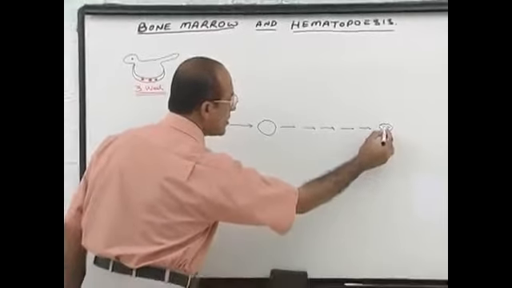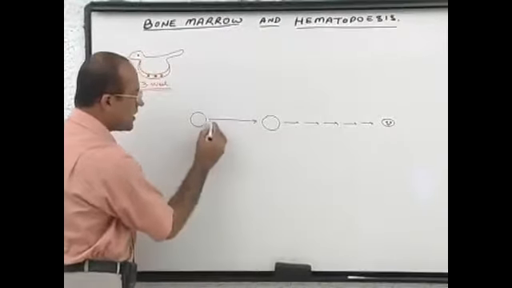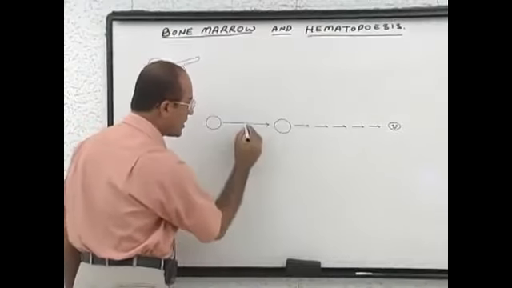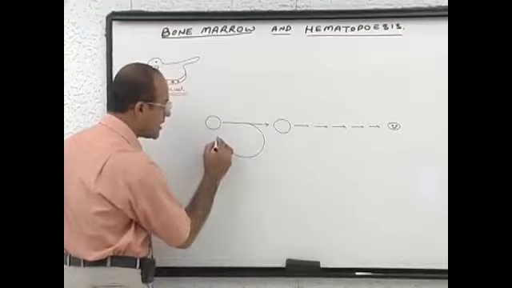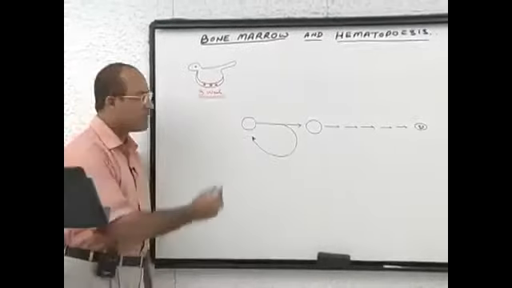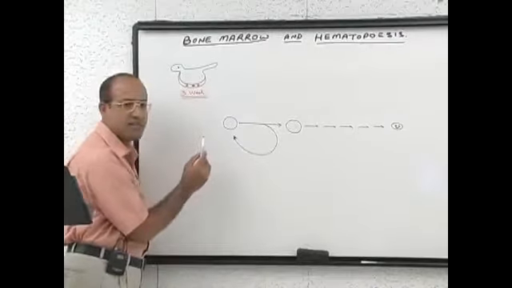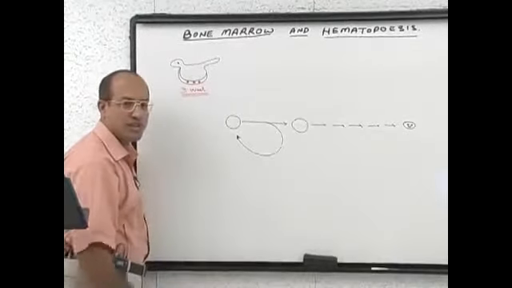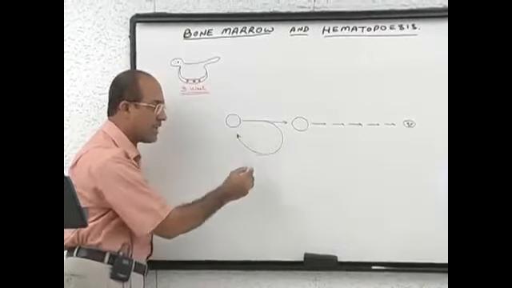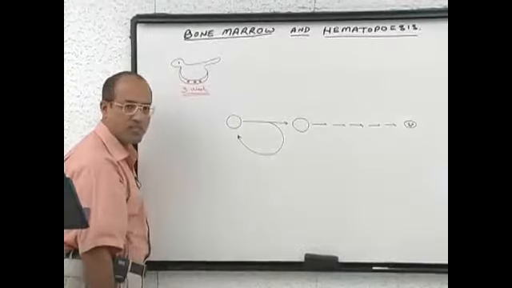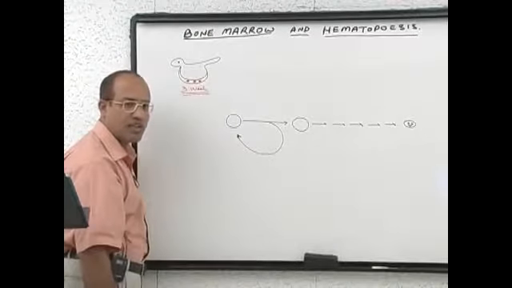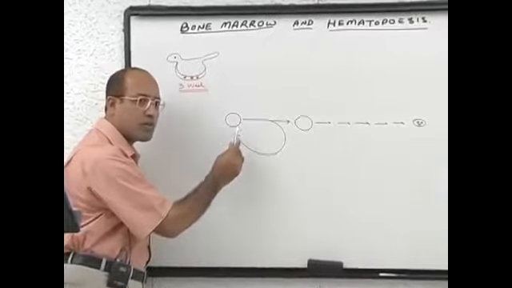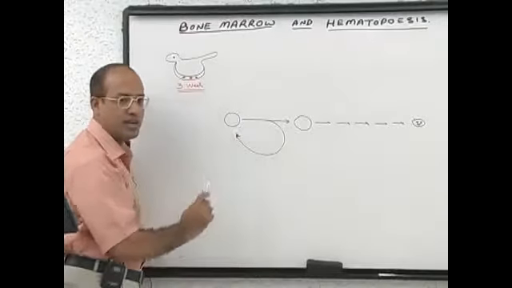One group will go towards differentiation, and the other group will be responsible for maintaining its own population. That is why we say stem cells are those cells which maintain their own population, or which have the property of self-renewal.